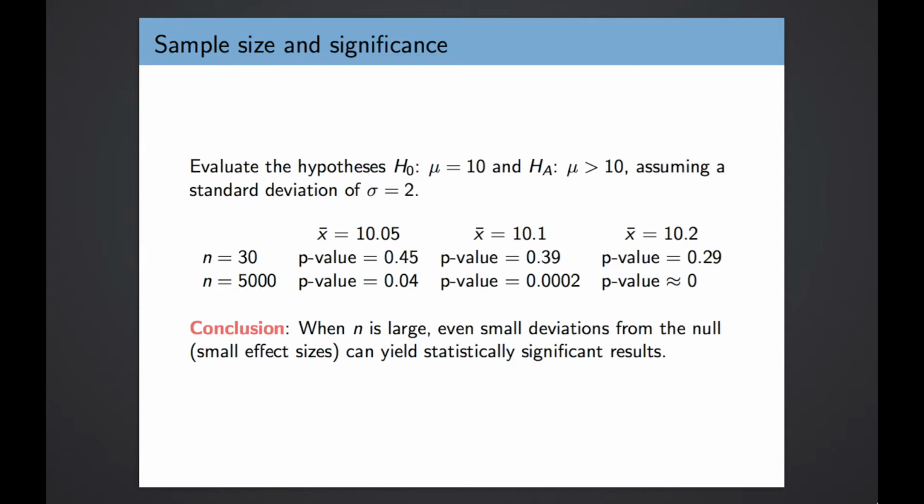So is 10.05 a really meaningfully different quantity from 10? The answer to that question really depends on our application. It depends on what 10 and 10.05 stand for in the real world. What a difference of 0.05 means depends on what we're measuring.